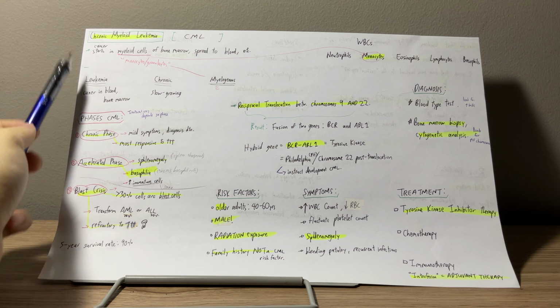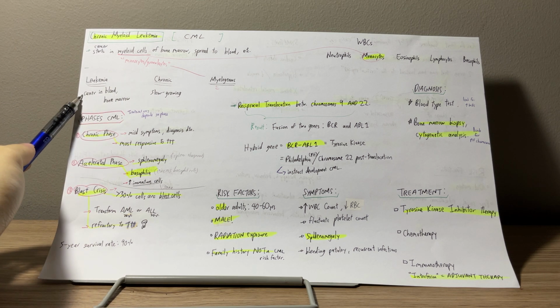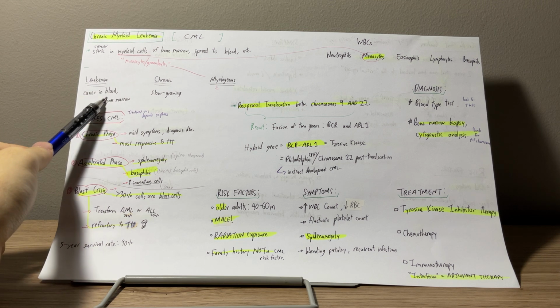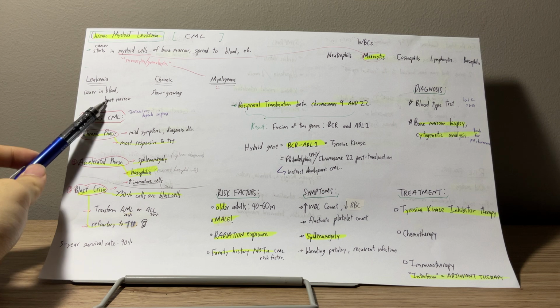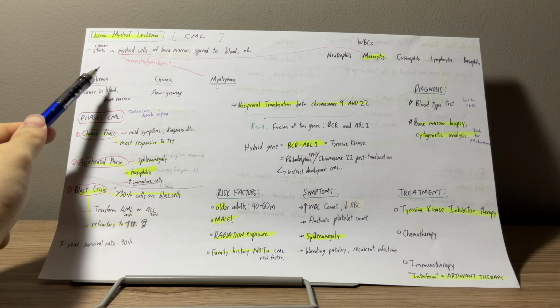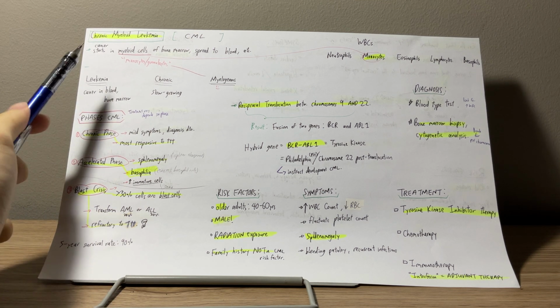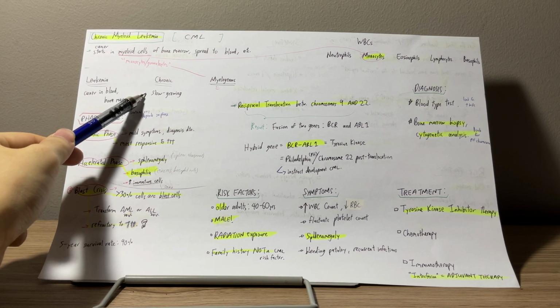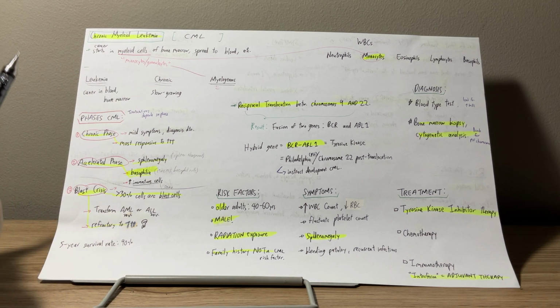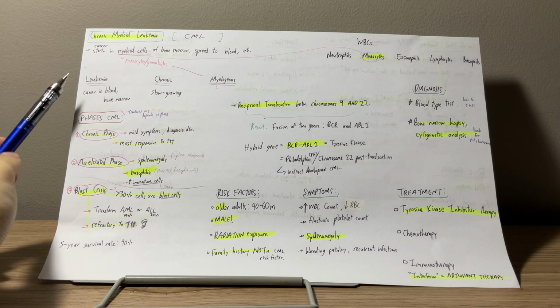Leukemia, we all know, again, like I said earlier, this is cancer in the blood and in the bone marrow. Don't forget bone marrow. But more commonly, it's cancer of the blood. Chronic, from the word chronic, that means it's slow growing. Unlike the opposite, which is acute.